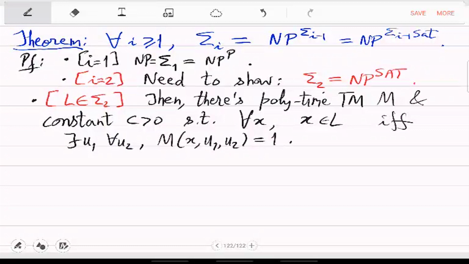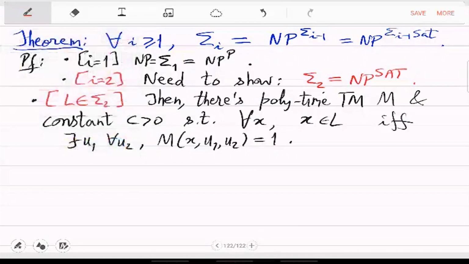Now how can we solve this expression in NP to the SAT? So I'm skipping the details of this u1 u2. It goes without saying now that u1 u2 are certifying strings which are of length poly in the size of x, right? All that goes with the definition.